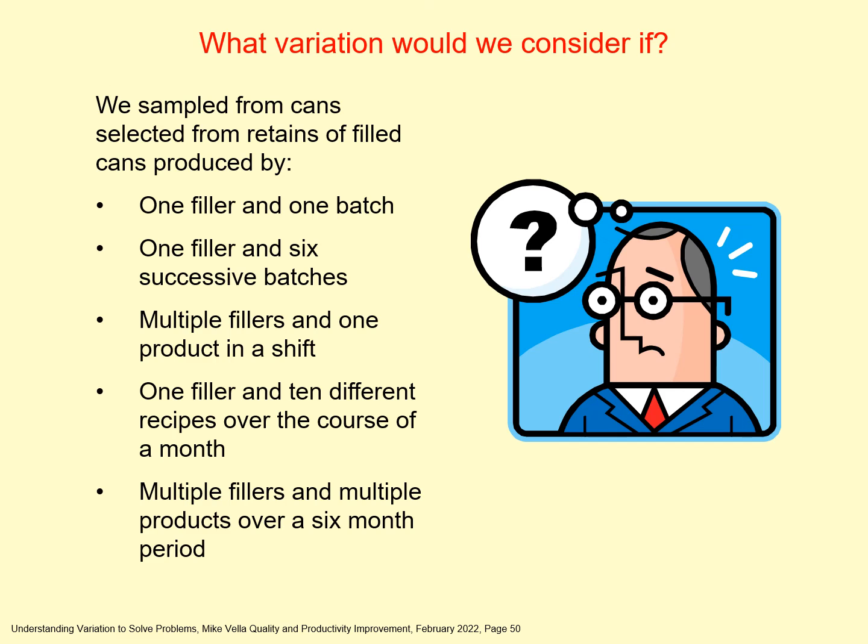Well, maybe it does, and maybe you need to understand that. If you assume that it's the same, maybe you're right or maybe you're wrong. Then there's one filler and 10 different recipes over the course of a month, or multiple fillers and multiple products over a 6-month period. Point is, you're trying to extract the variability by examining those 5 common causes of variation.